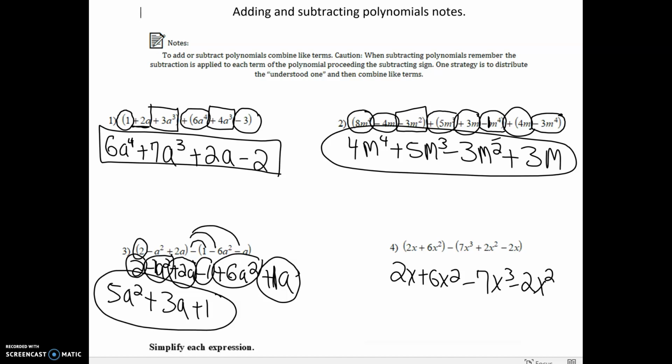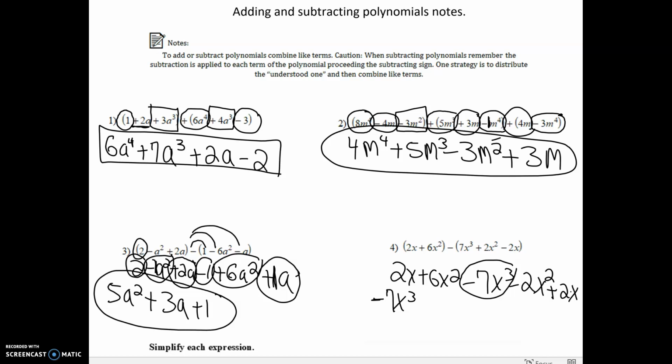And then a negative would be a positive 2x. And then guess what we're going to do? We are going to go ahead and combine like terms from highest to lowest. You notice we have the old lonely negative 7x to the third, so nothing to combine that one with.